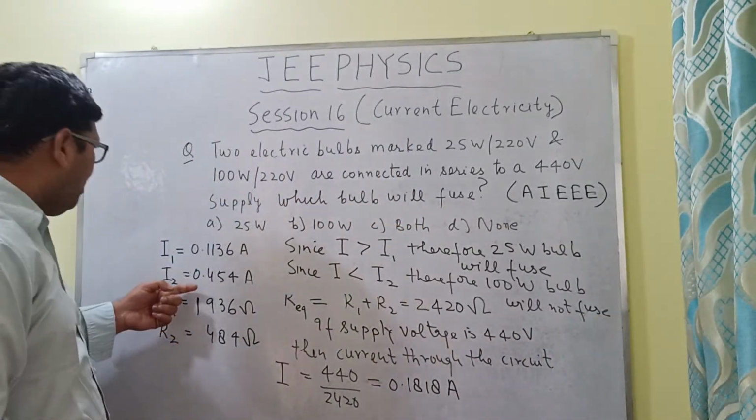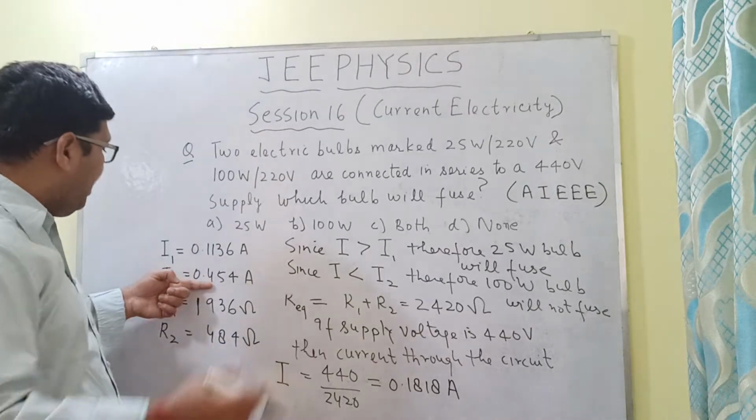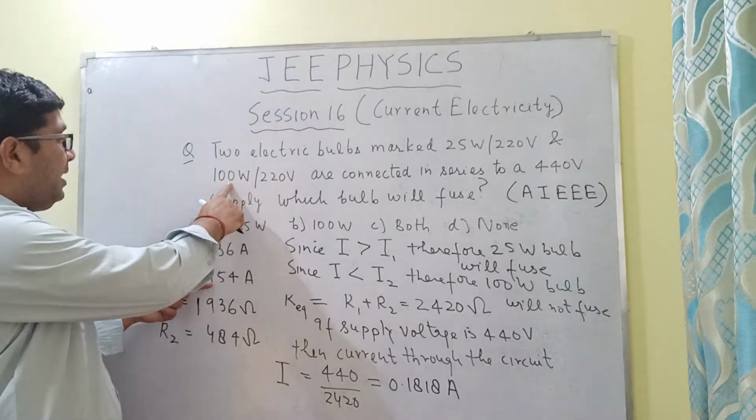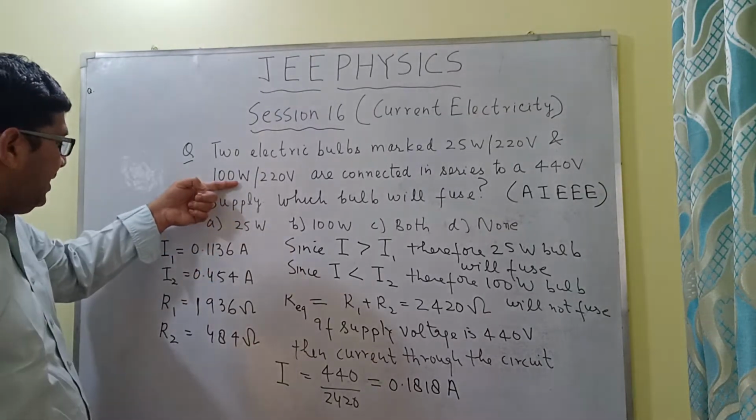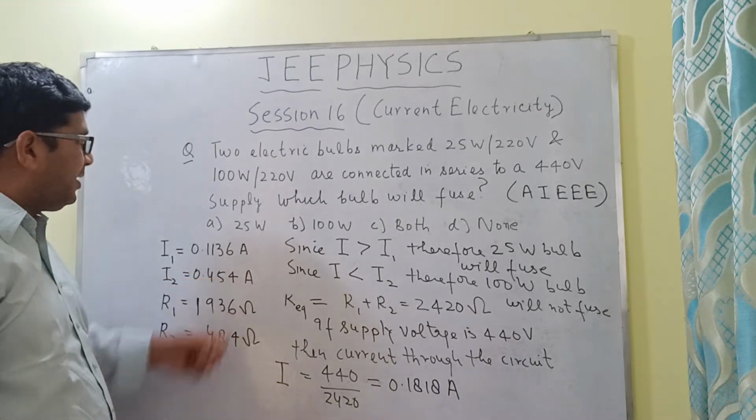The maximum allowable current for this 100 watt bulb is 0.454 ampere.